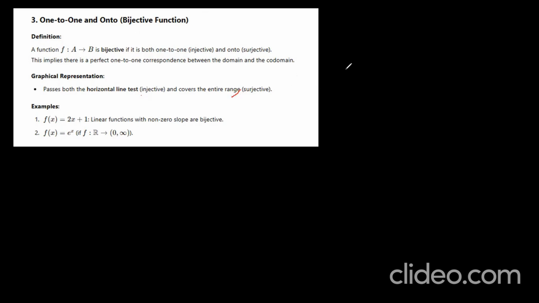So for example, I am taking f maps R into R. Let me take f of x is x square plus 4. What about the range? The range is going to be 4 comma infinity, right? 4 comma infinity.